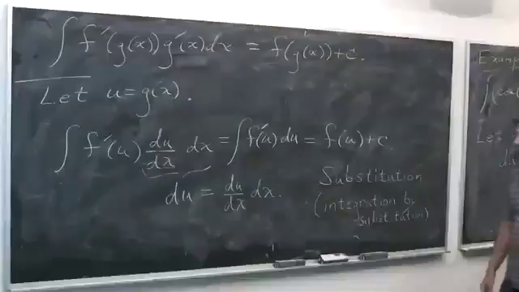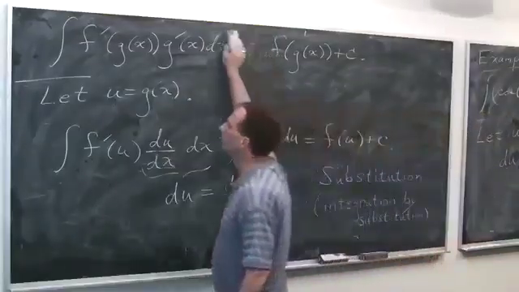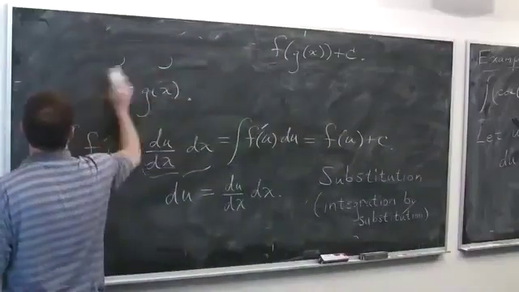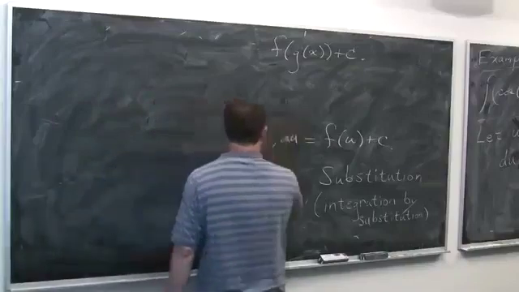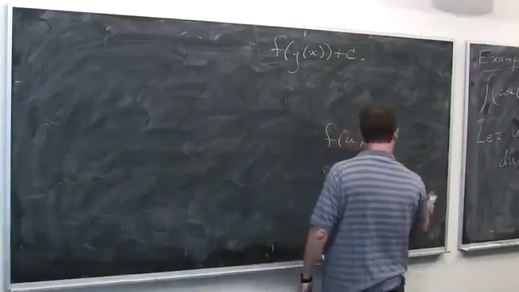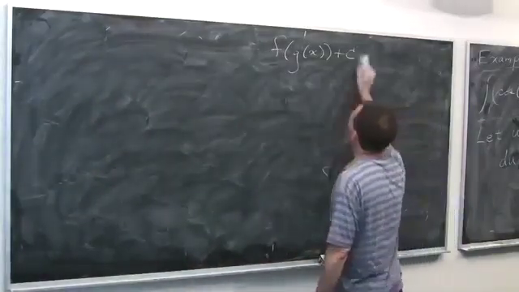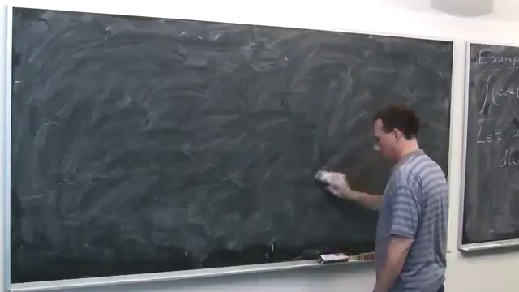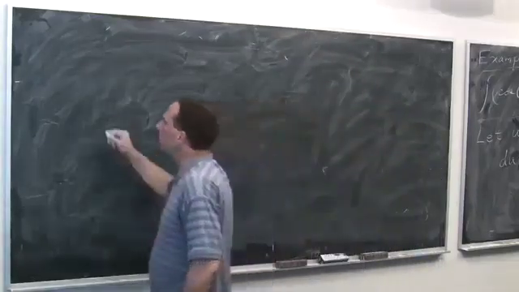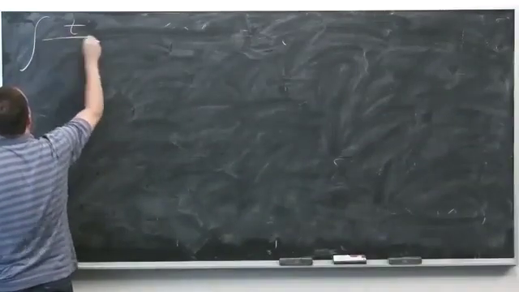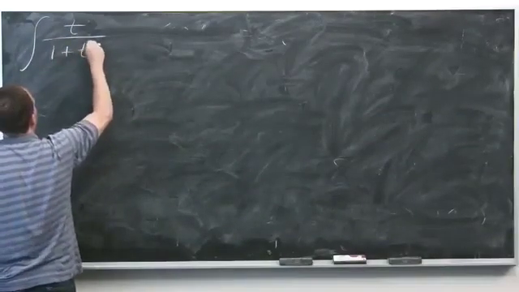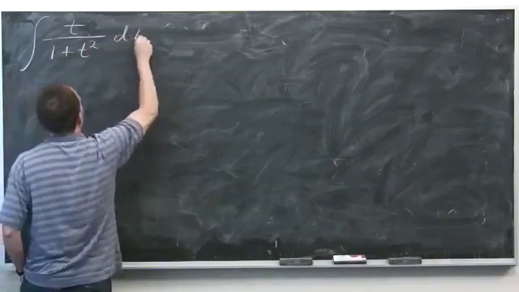Right. Okay, what about the other one that I had up there but erased? The integral of t over 1 plus t squared dt. How do you integrate that? Well, by substitution. But how do you see that? It's not as easy to see this time because there's no clear function done to the 1 plus t squared.